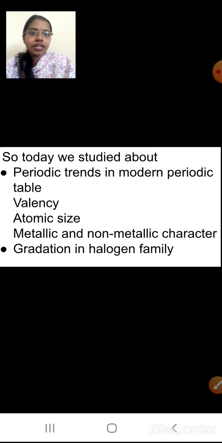Use your brain power; all the questions are given, and you can solve them. Write the symbols of the elements, and try to write their atomic numbers so that you can work out the electronic configuration. While explaining the valency and all, you can use those things and write your answer easily. Otherwise it may come in multiple choice questions and all.